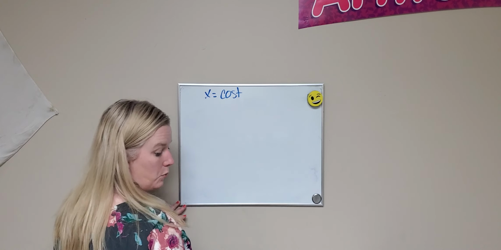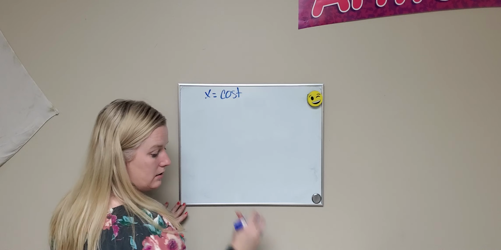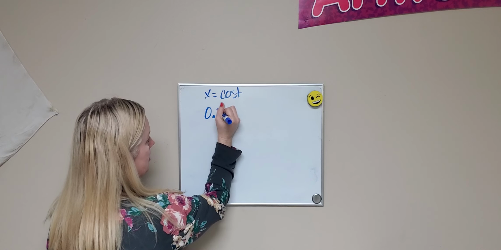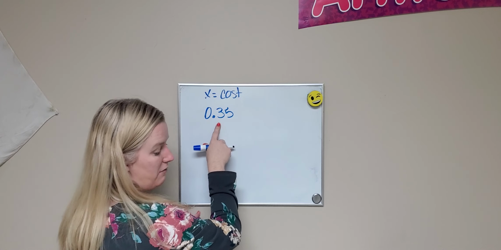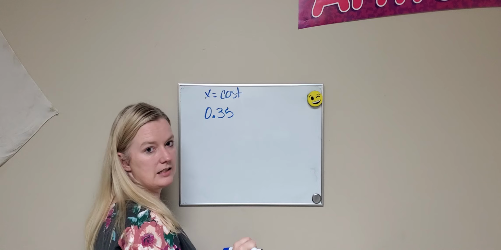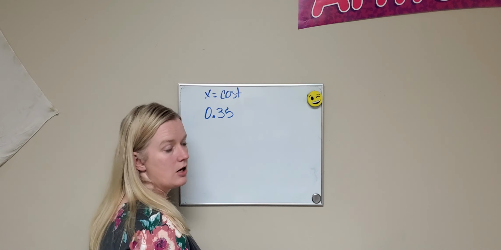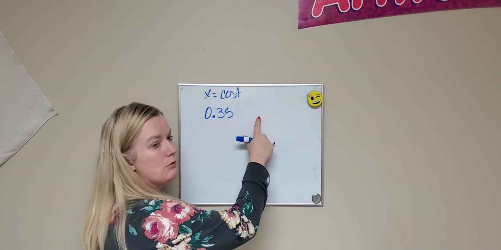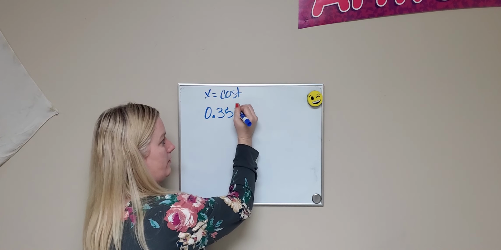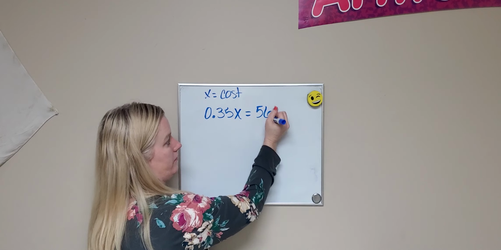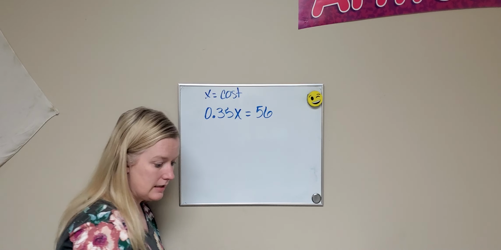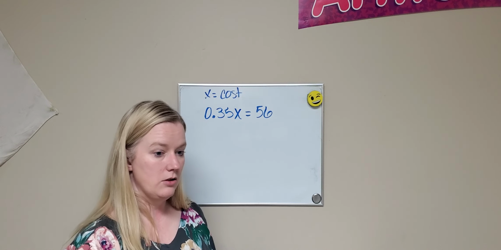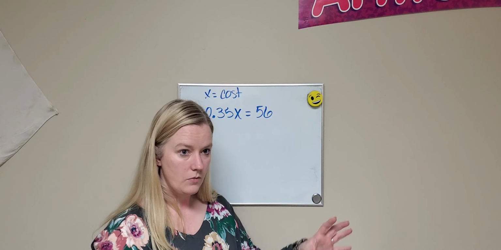It was marked up 35%, so I'm going to change that to a decimal, 0.35. And 35% times X equals 56. So 35% of what I paid is going to equal 56.